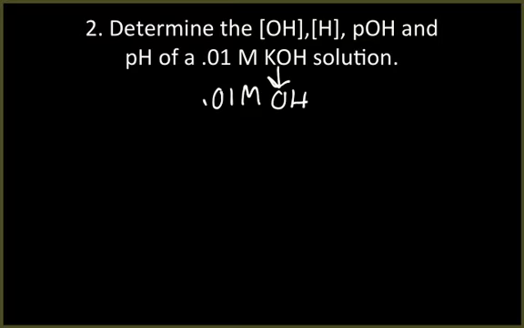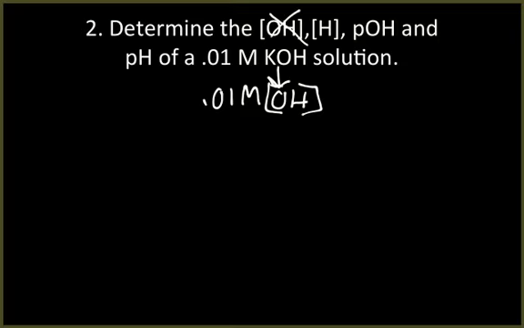When we put it into water, it's going to dissociate, break apart into its ions: 0.01 molar K and 0.01 molar OH. So the OH concentration is the exact same as the KOH molarity. There's our OH, so we can mark that off.